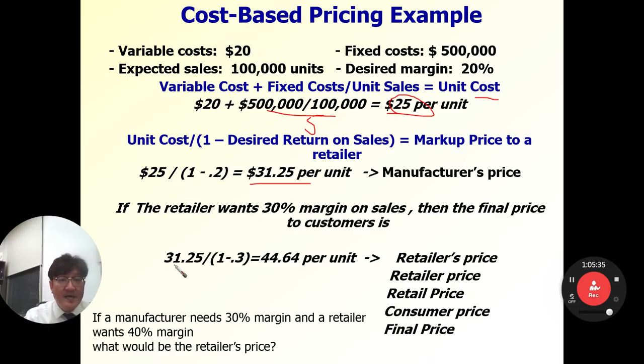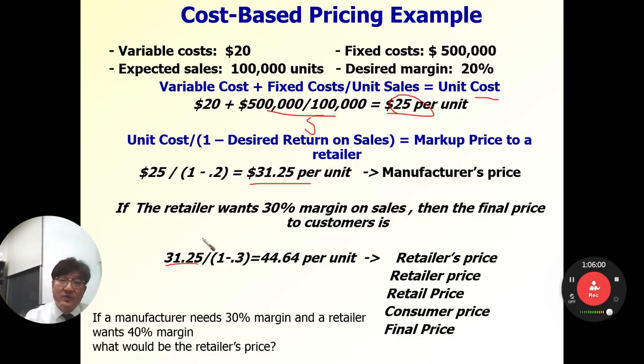So 31.25. We are ignoring all other costs, right? We just think this is the unit cost. The retailer might have different costs, like rent for the retail setting and so on and so forth. But let's ignore all of that.